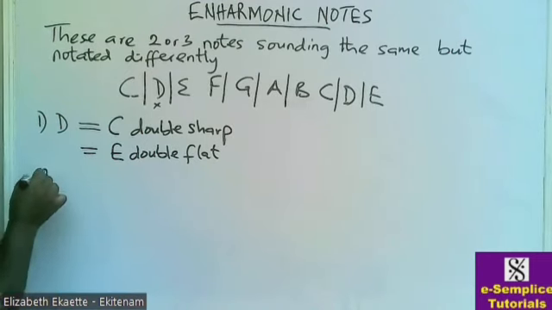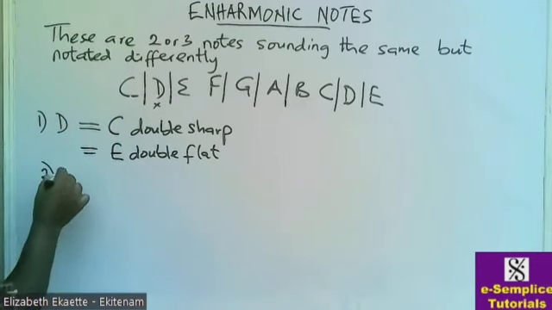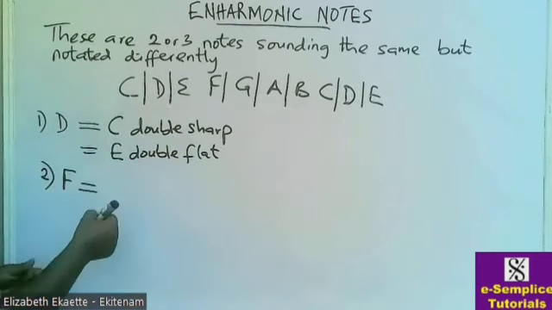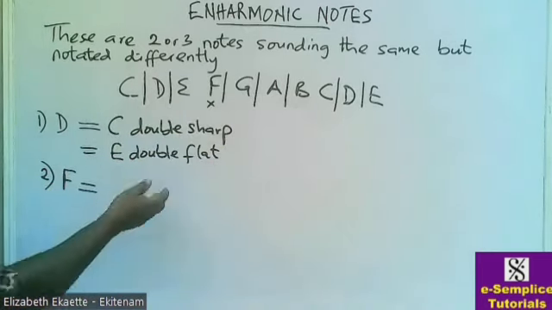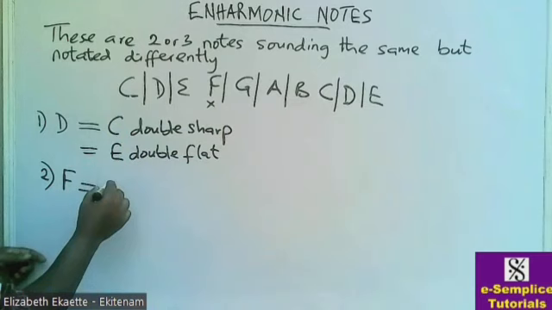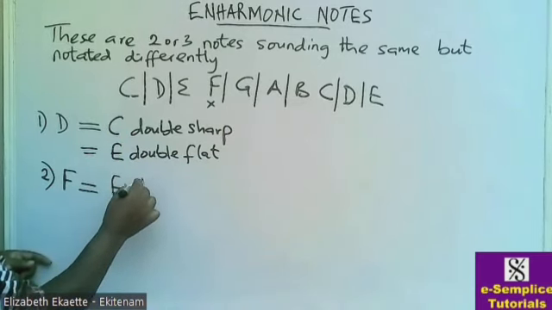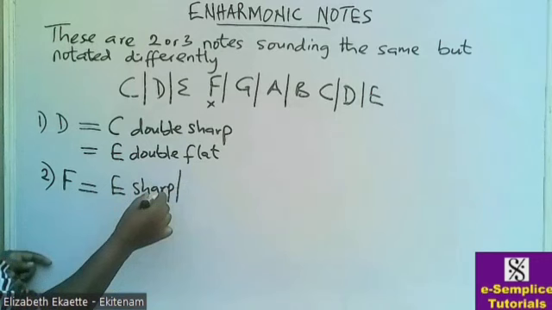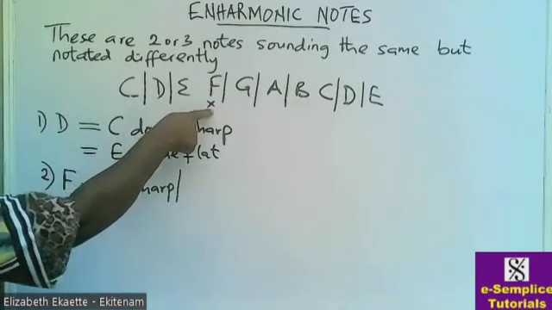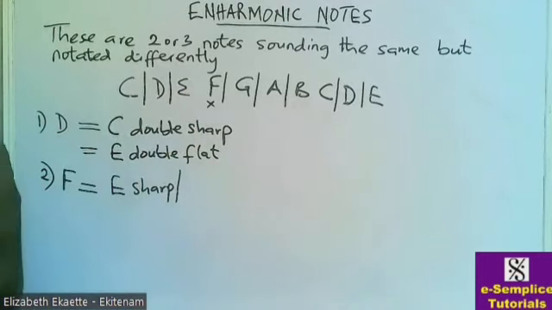Now, let's take question 2. Let's take F. Give me 2 more notes that will sound exactly like F. I told you always approach it from 2 ways, from the left and from the right. Now, if I'm approaching it from this side of F, merely looking at it, E sharp is an answer because E sharp is the same thing as F. So E sharp and F will sound alike.